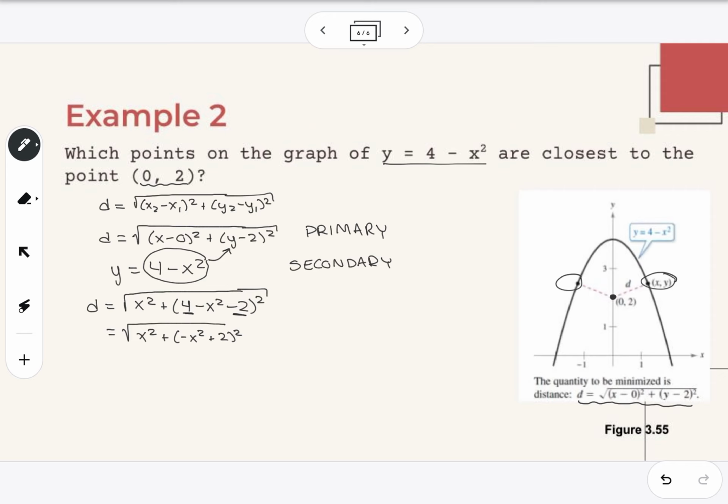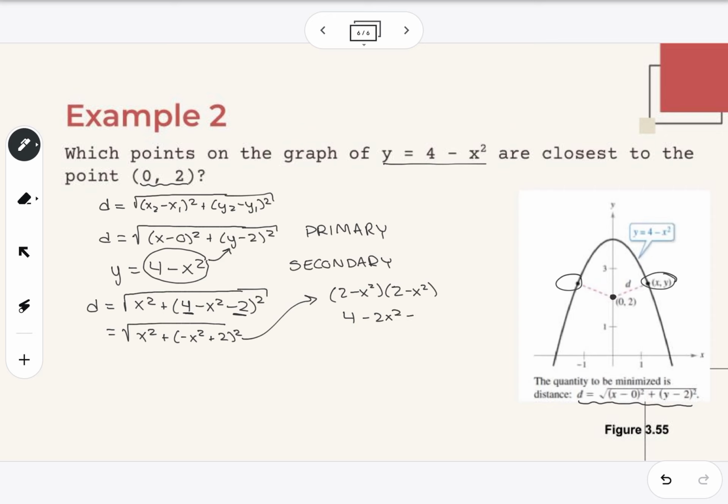I would recommend at this point actually FOILing this out, because I want to condense this whole thing as much as possible. So we're going to take a quick sidebar over here, and I don't really like that the negative x squared is first. So I'm actually going to put the 2 first over here. So I'm going to have 2 minus x squared, and because that's squared, I'm going to go ahead and FOIL that out.